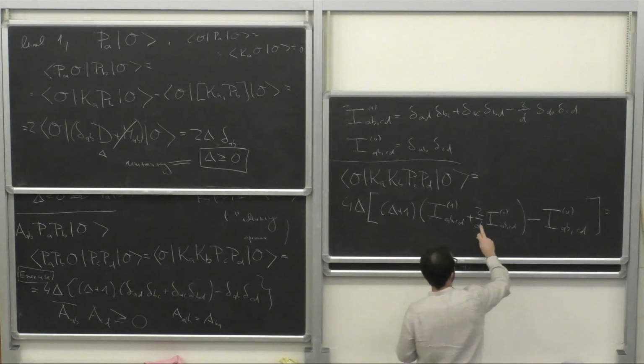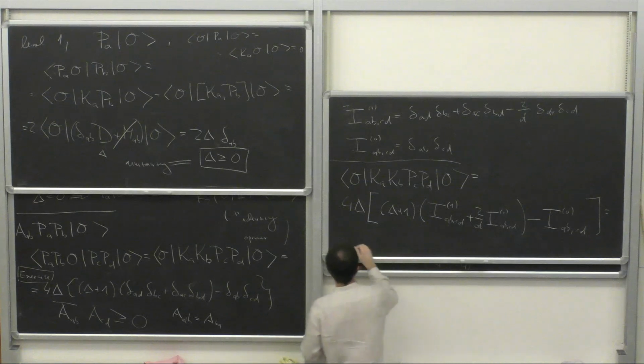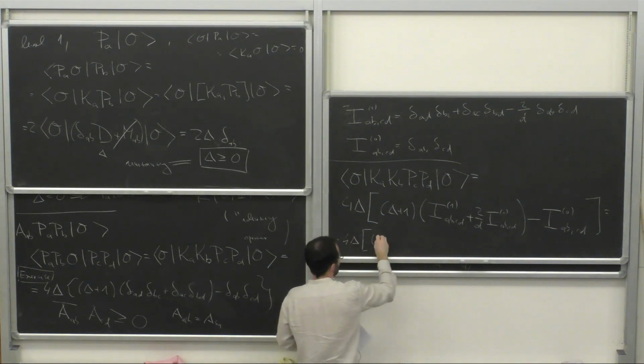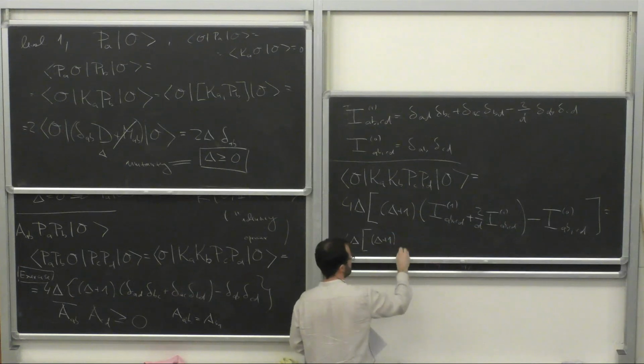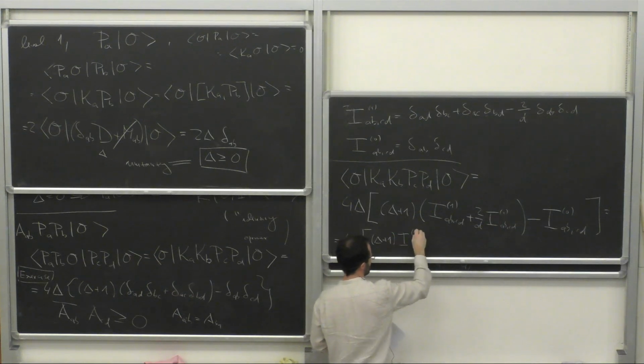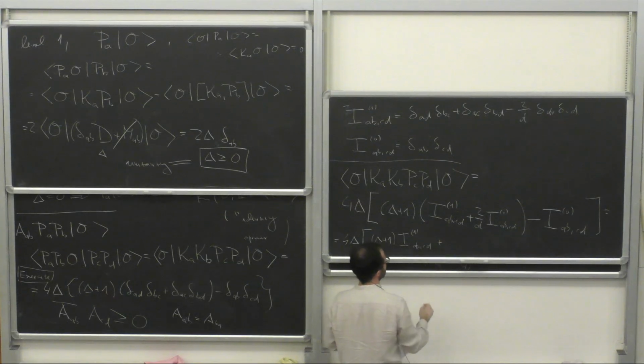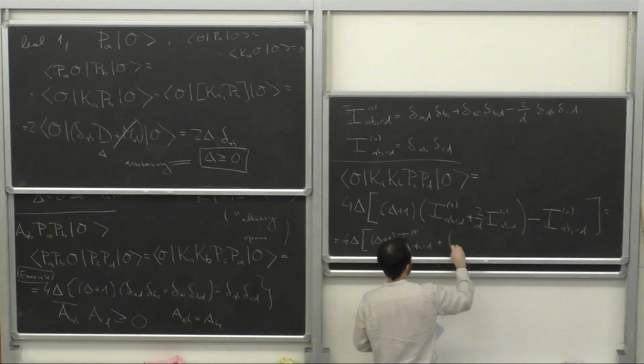So let's put the projectors together. So we have delta plus 1 times the projector onto symmetric traceless plus, so what is this?